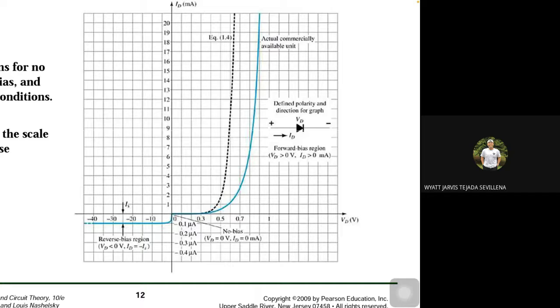Sa 0.4. Ang akong pasabot nga diode is kanang blue ha. At 0.4 nag-start nag-conduct, yes. Okay. Thank you. Nag-start na siya conduct at 0.4. Okay. Physical device man siya, nag-conduct current at that amount.